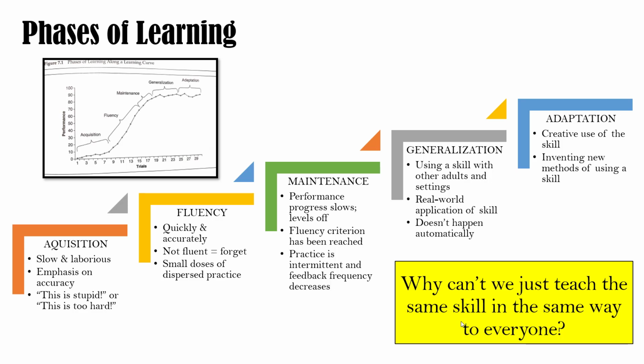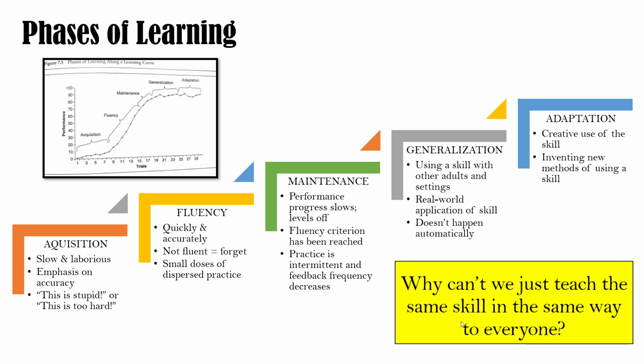All right, so we can't just teach the same skill in the same way to everyone. And so I asked you guys, why can't we do that? I want you guys to just think of that for a little bit. And the answer is basically that not all of our learners are in the same stage.